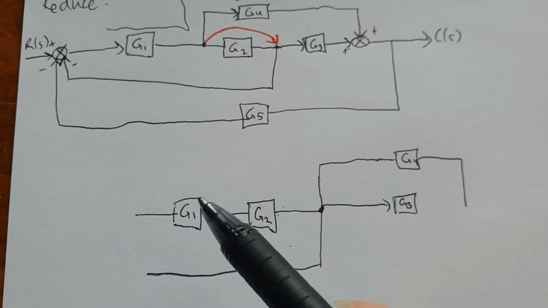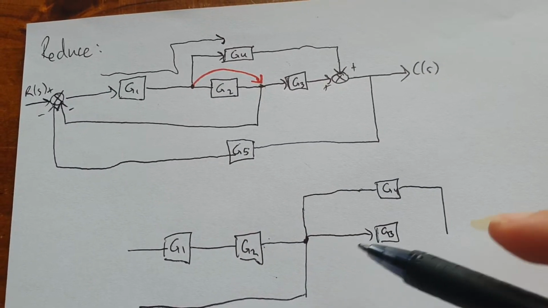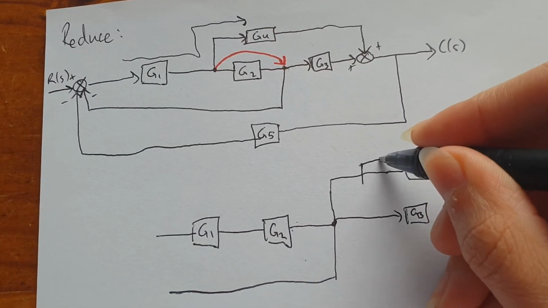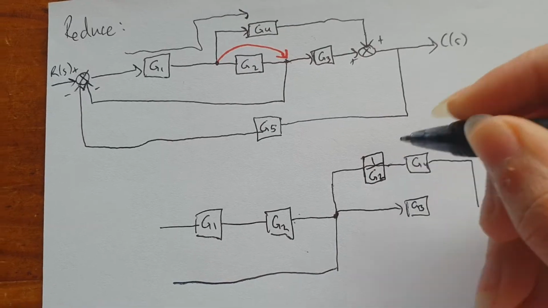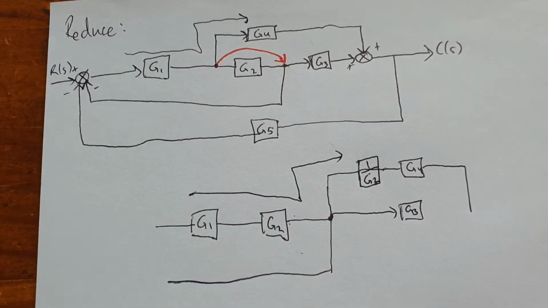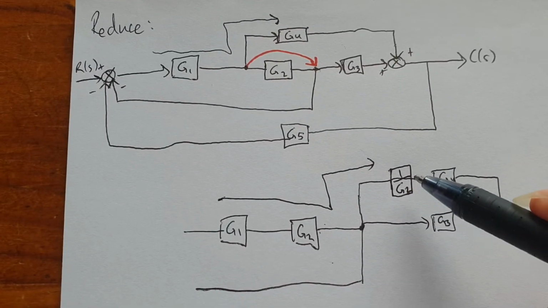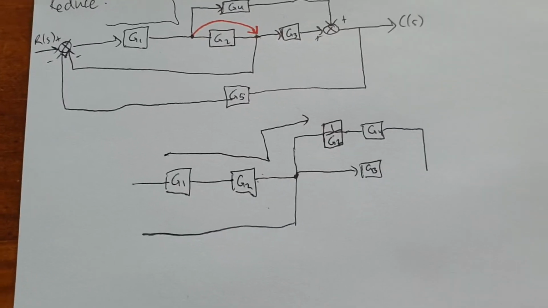So since that happens when we change the node, we have to add a little something here to make sure that when it comes along this way, we still don't get a G2 in this section here. So we add 1 over G2, so when it comes along, the G2s will cancel out.